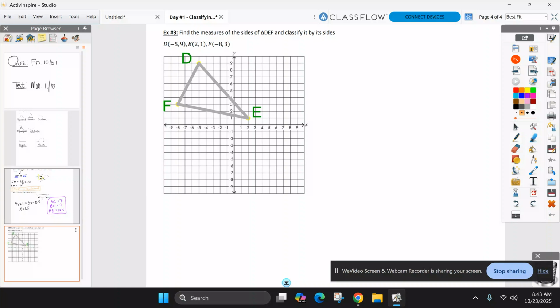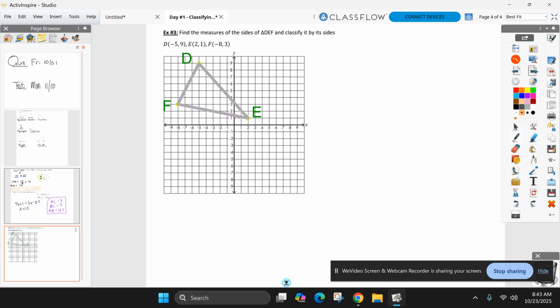I'll give you guys 45 seconds here to graph triangle DEF. And then we'll discuss how in the world we are going to figure out what type of triangle that is. Nothing fancy.